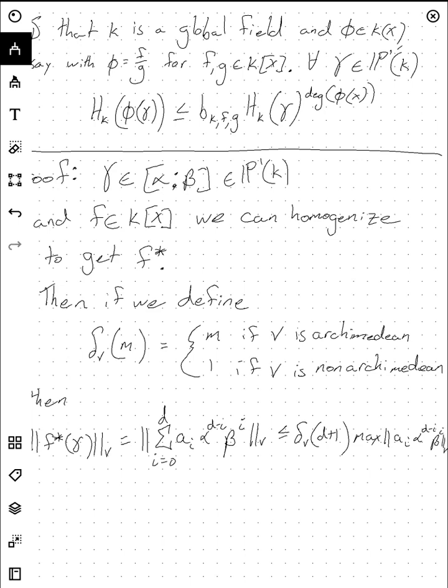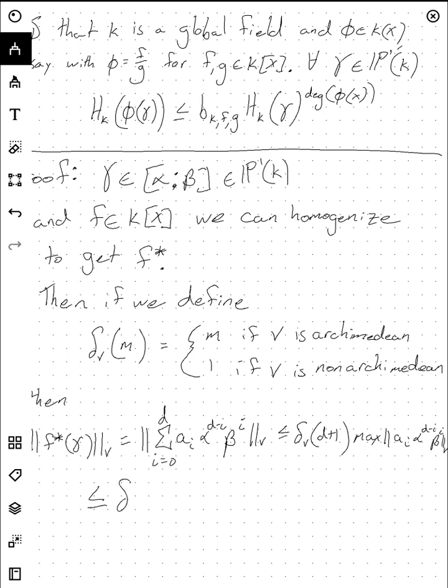Okay, so further, we can see that while the max function is not multiplicative, we can get a further inequality by taking the max of each of the things separately.